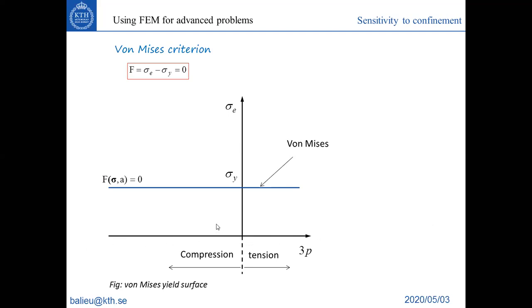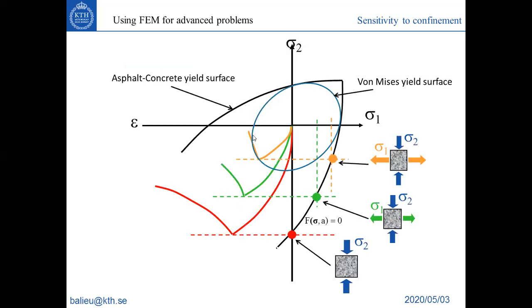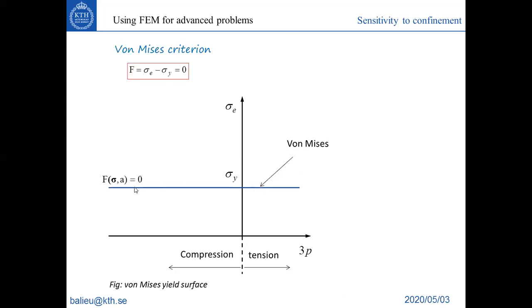So if you remember here, the von Mises shear surface, whether it's negative or positive, is the same value. That means this F, which is your yield surface, which is your limit, which must always be equal to 0 when you are in a plastic state, is constant for all the different stress states.